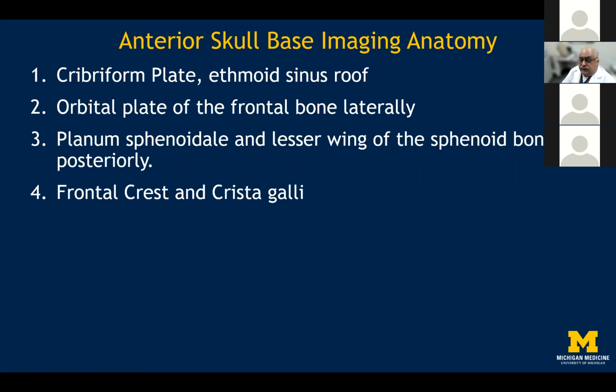Together with the frontal crest and crista galli, which are important landmarks for evaluation of the contents of the skull base. So just imagine that these bony components are intimately related to the paranasal sinuses and orbits, and hence any pathologies from those structures can invade the anterior cranial fossa and cause symptoms to the patient.